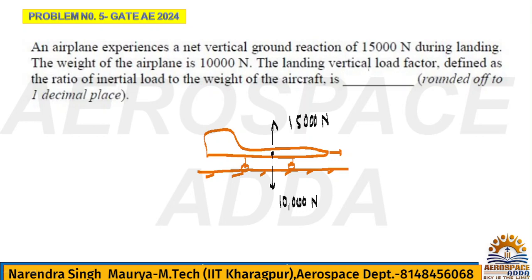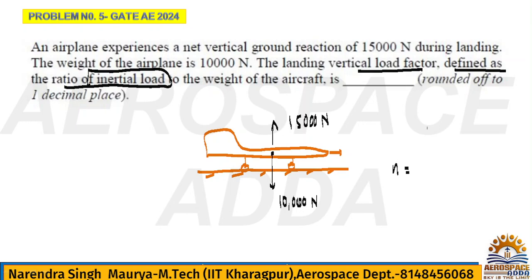The landing vertical load factor, okay? What is the vertical load factor? N is equal to lift by weight generally, if it is in flying condition. But once it is in landing condition, if they ask what is the vertical load factor, they have defined it also. The landing vertical load factor is defined as the ratio of inertial load to weight of aircraft.